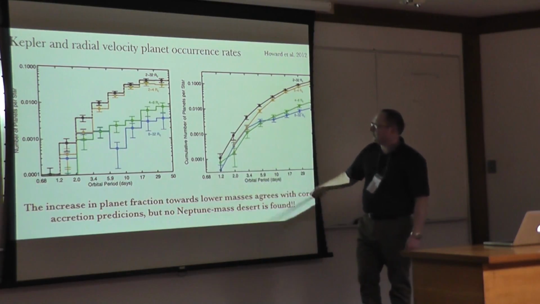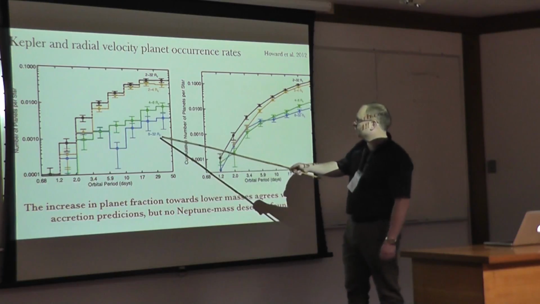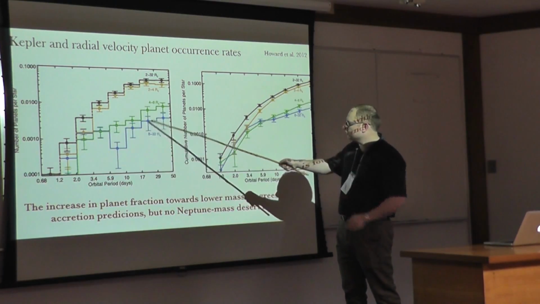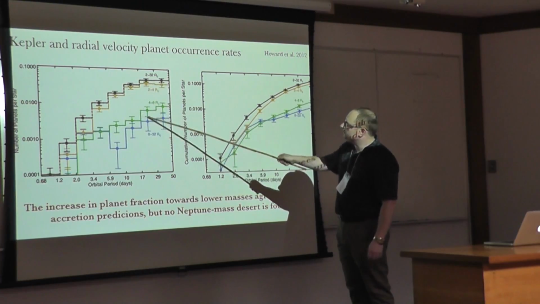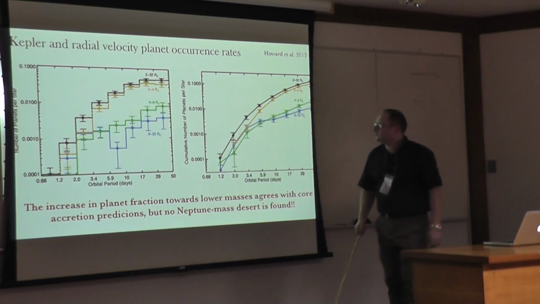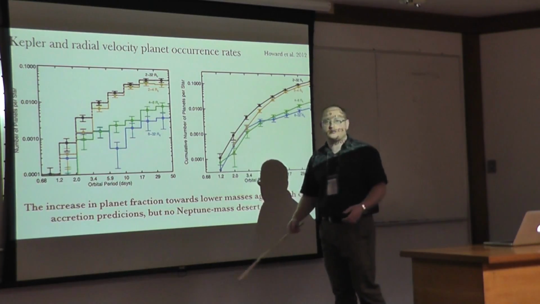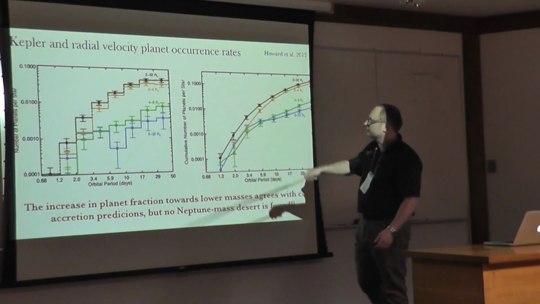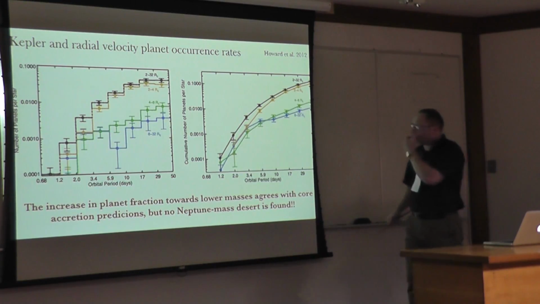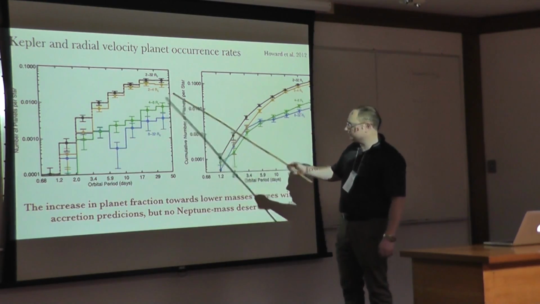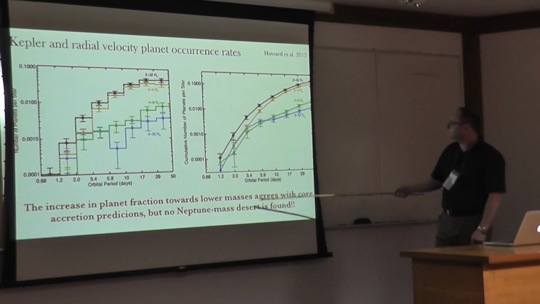So this is binned up from 8 to 32, 10 to 32 Earth radii, just to work on the statistics. And it turns out when you look in this regime in here, that was predicted to be, if these are classical Neptunes, if that's what we want to call them, 4, 5, 6, whatever Earth radii or so, then it turns out actually there's quite an abundance of them. There was no desert found.